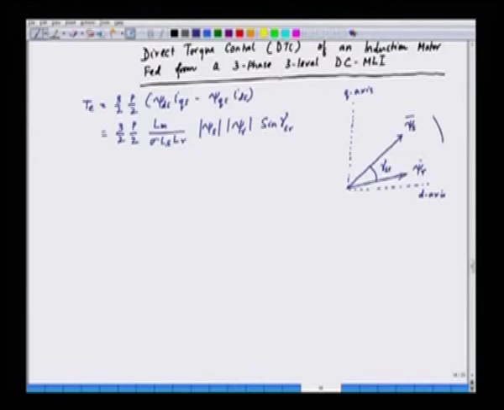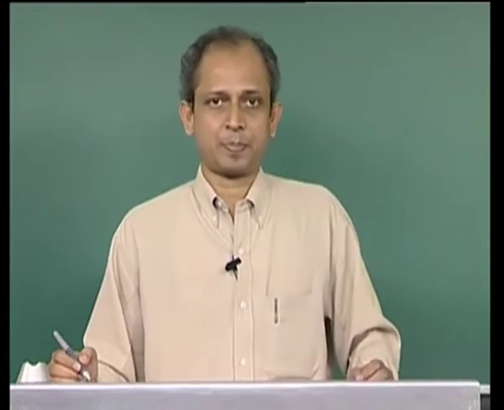The fluxes are rotating at the synchronous speed omega e. So, both psi s and psi r are rotating at omega e, and the angle between them is constant in the steady state condition, and the angle between psi s and psi r is gamma SR.